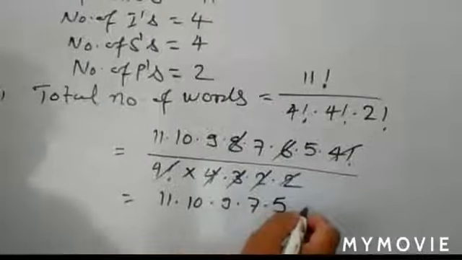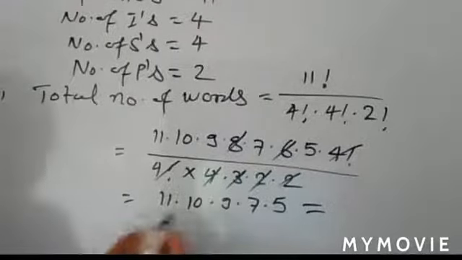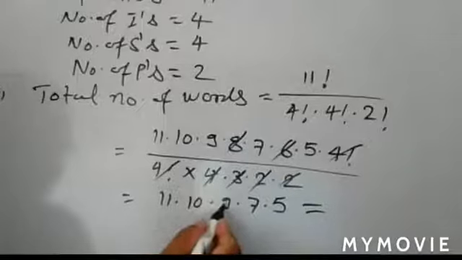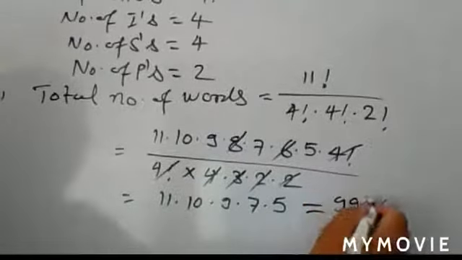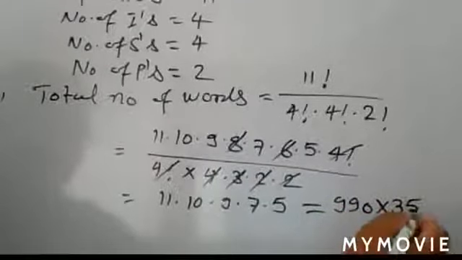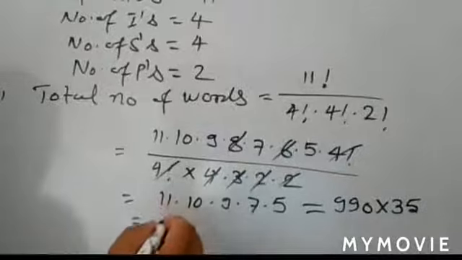So that gives you a result. So here you have 990 into 35. Multiply these two, and just check it.